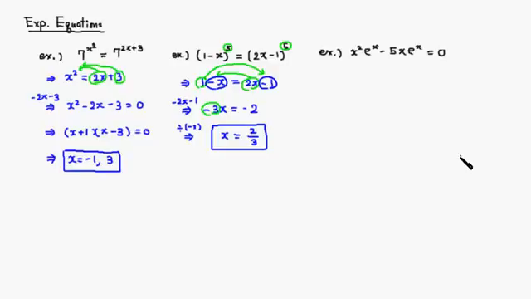This is a little different, but here's the equation: x squared times e to the x minus 5x times e to the x is equal to 0. Just like any other algebraic equation, what you can do is factor out common factors.